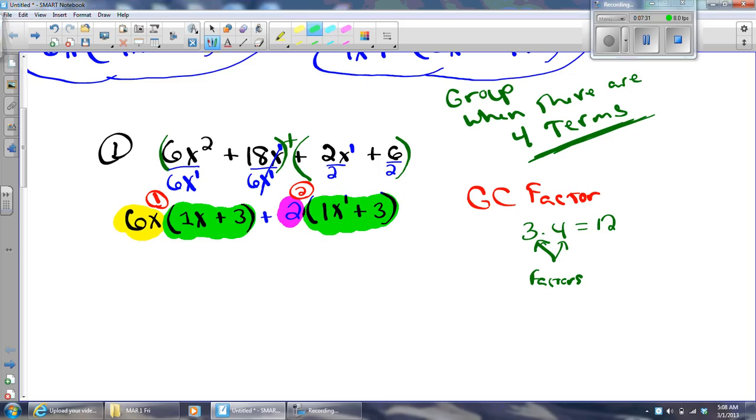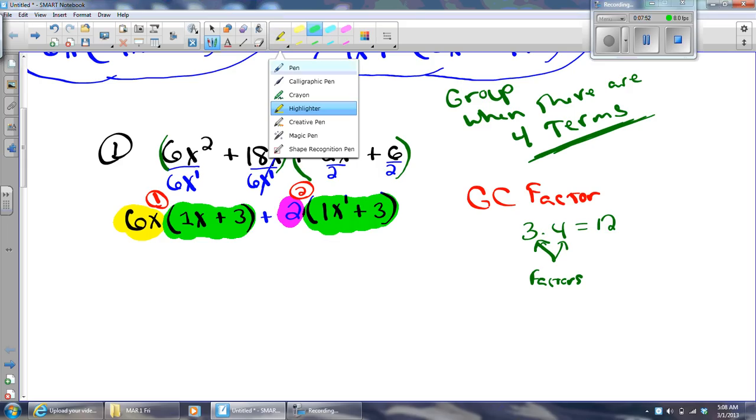Did you hear me say the same factor twice? Listen again. 6x times the quantity of 1x plus 3 plus 2 times the quantity of 1x plus 3. Ooh, I said the 1x plus 3 twice, didn't I? Guess what? It's a common factor.